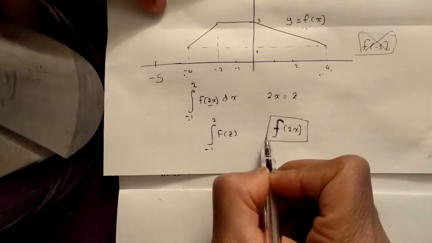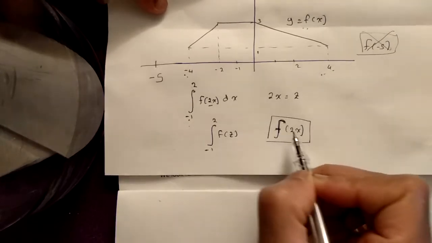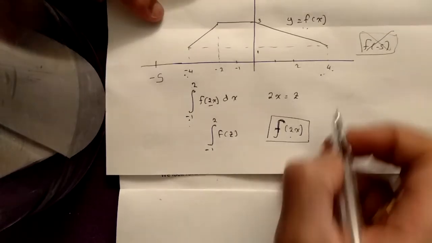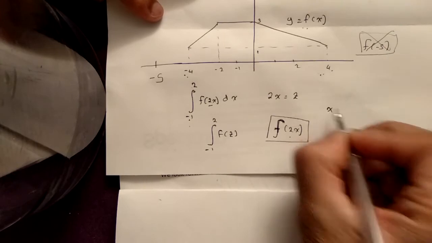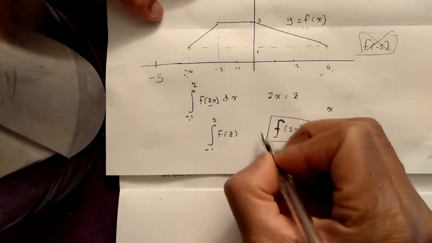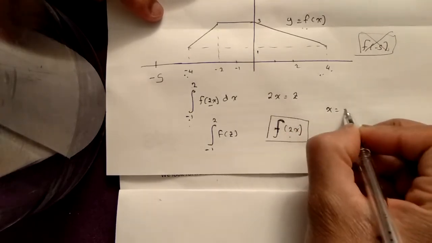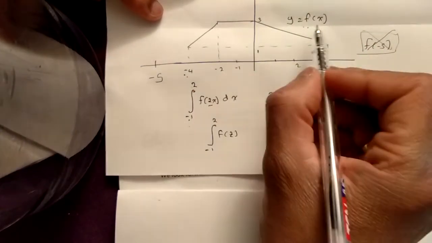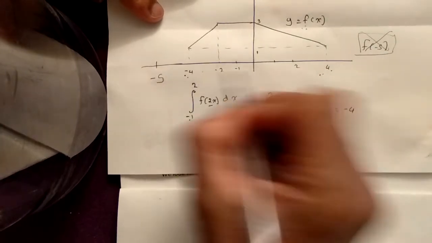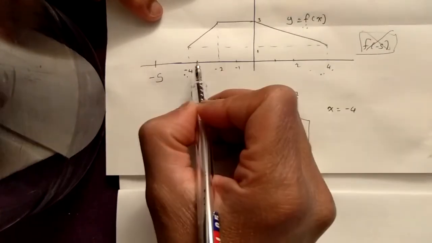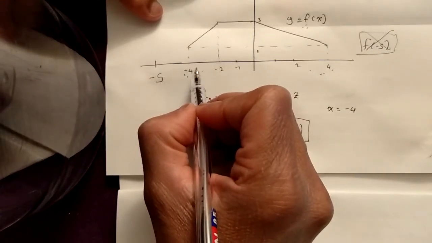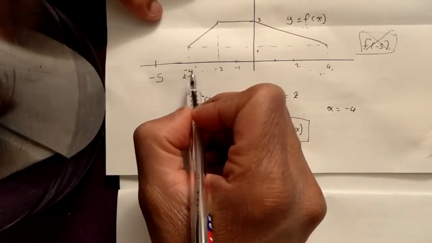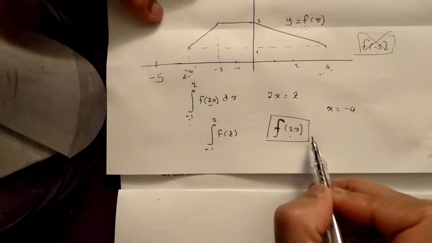So just consider this notation, or this way of considering the function. Now if they have given the function like this, f(2x), how about the value of this thing at x equals -4? See, at the beginning we said the domain of f(x) is from -4 to 4. So how about an input of x equals -4 to this function?